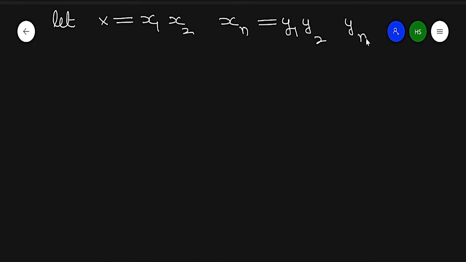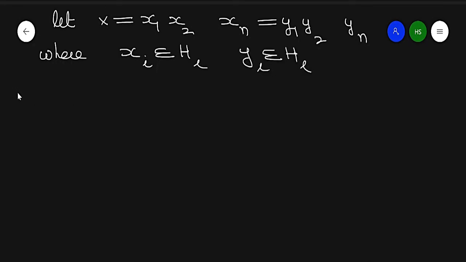So I take two elements: one X equal to X1 X2 up to Xn, and the second equal to Y1 Y2 up to Yn, where each Xi belongs to Hi and Yi belongs to Hi.